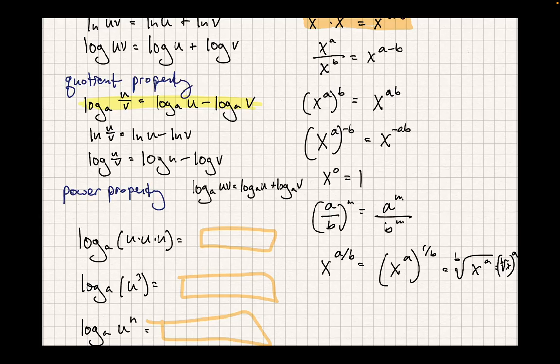Okay, so as another preliminary step, instead of u times v, give me log base a of u times u. Based on your prior knowledge, give me an expression for log base a of u times u.